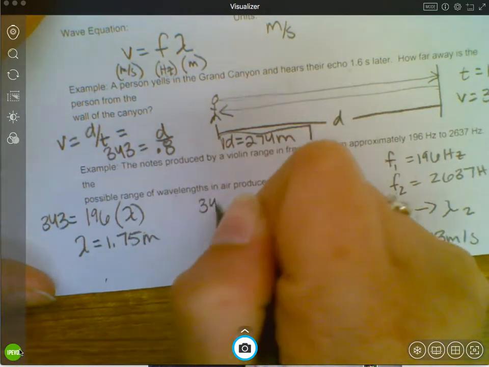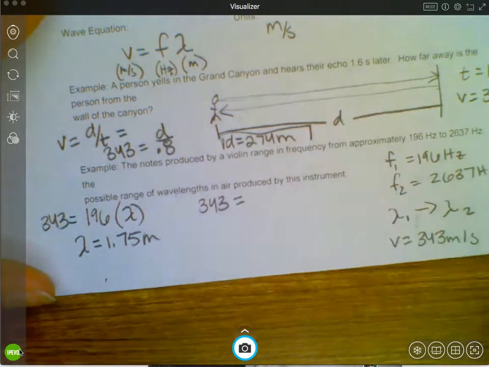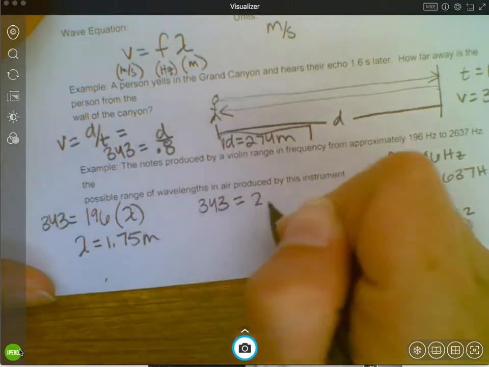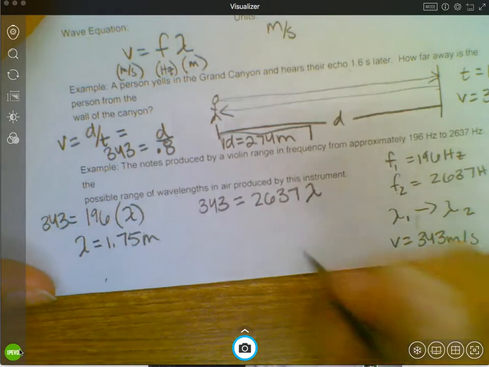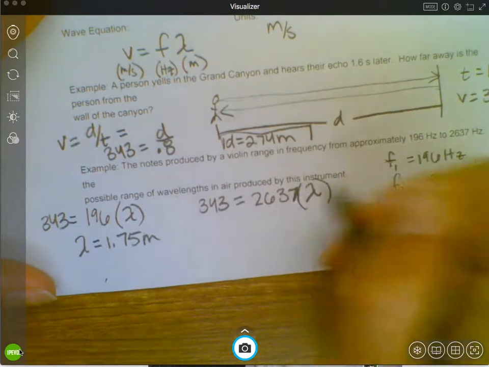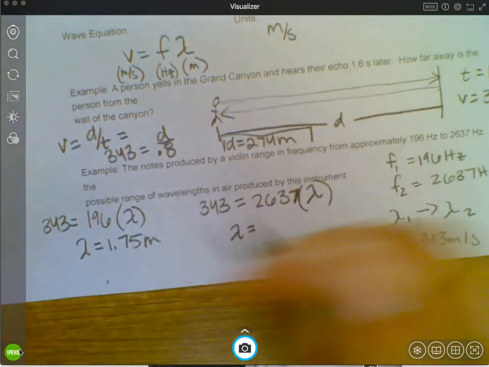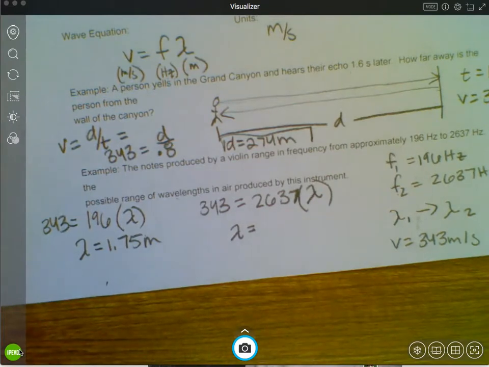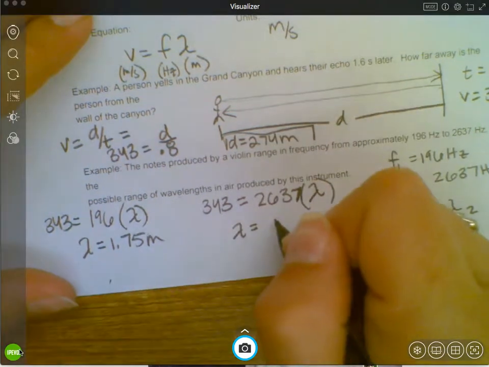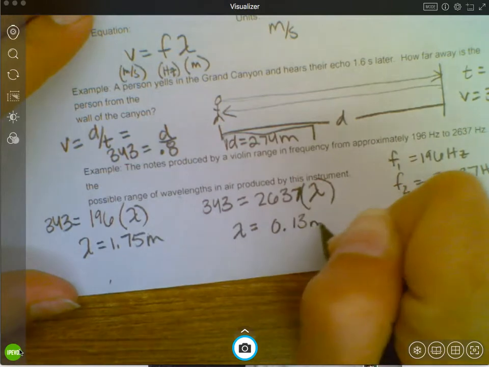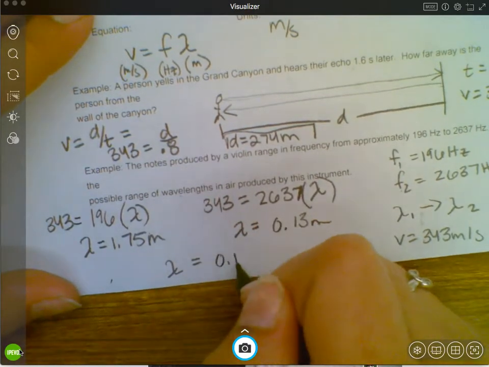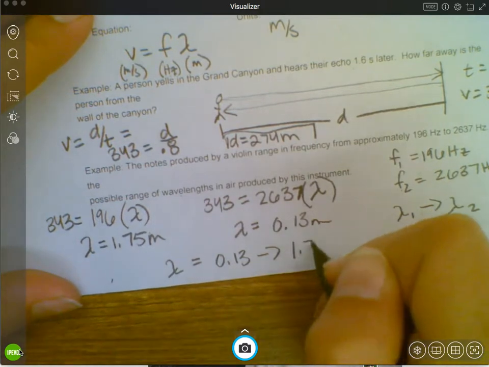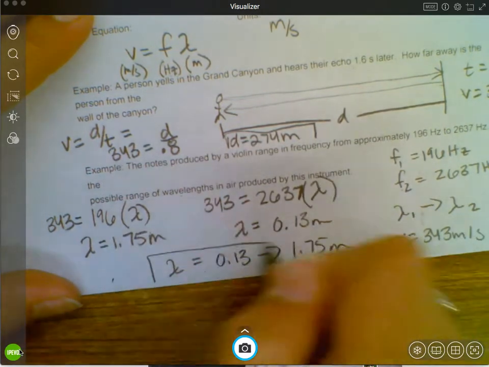And then if the frequency is 2637, then lambda would be equal to 343 divided by that, so it'd be 0.13 meters. So the range of lambda is between 0.13 and 1.75 meters.